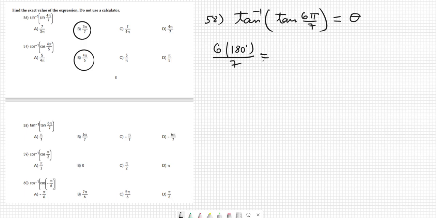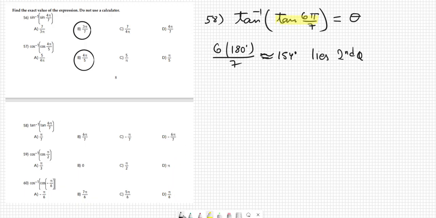In my own calculator, I try: 154, approximately. It's decimal something, but 154. 154 lies in the second quadrant. I know very well that the tangent in the second quadrant is negative, so this value is negative.